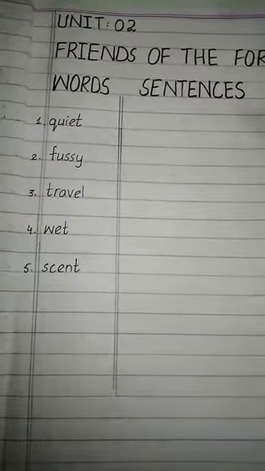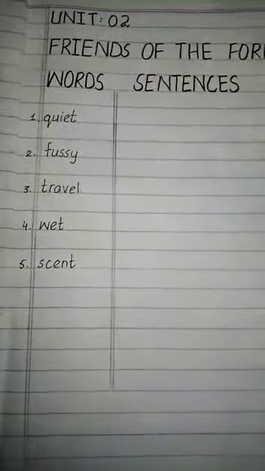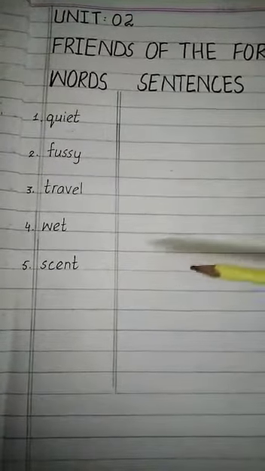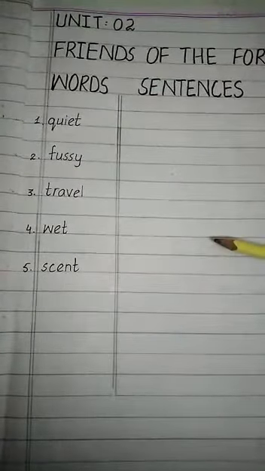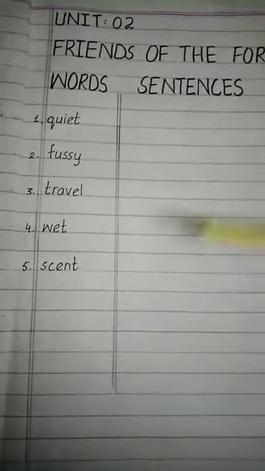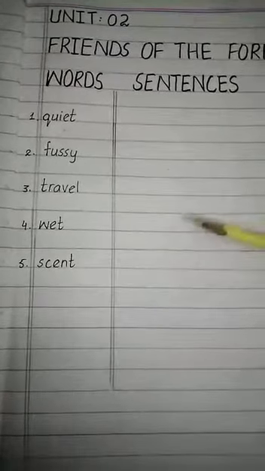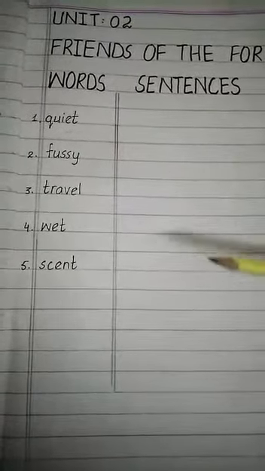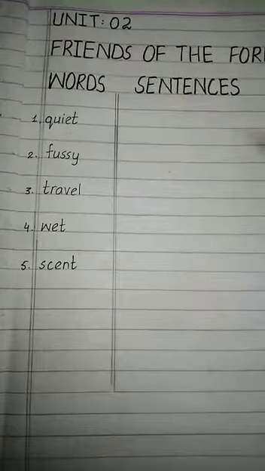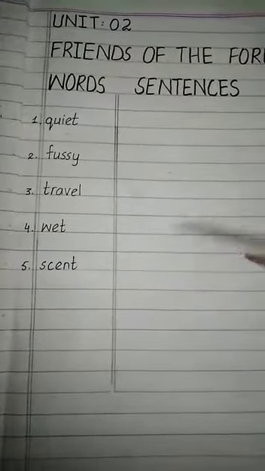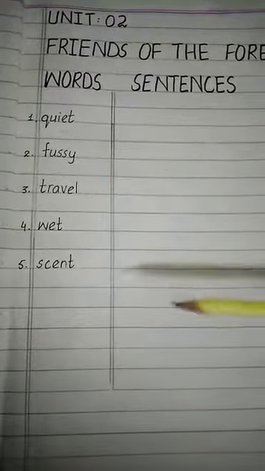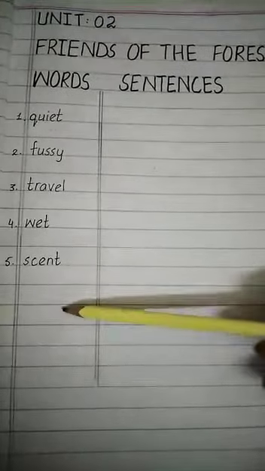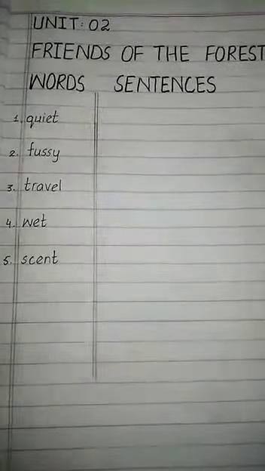Or you can write the one that we have read in our textbook, that badgers leave scent behind them whenever they travel. Or one more sentence could be, I like the scent of all flowers. So these were a few sentences of scent. You will have to make your own sentence.